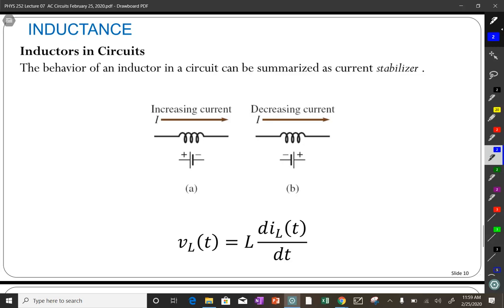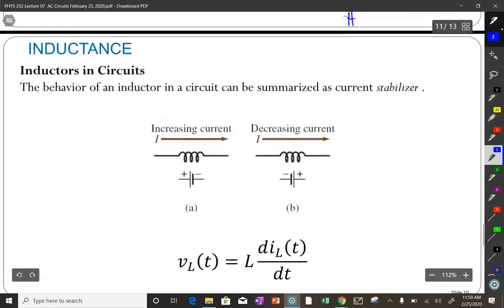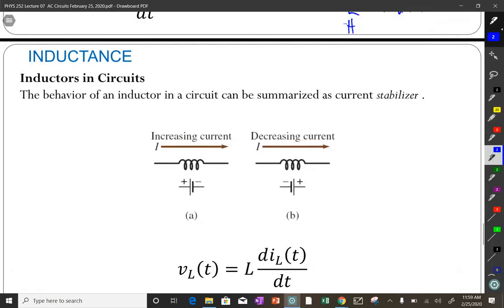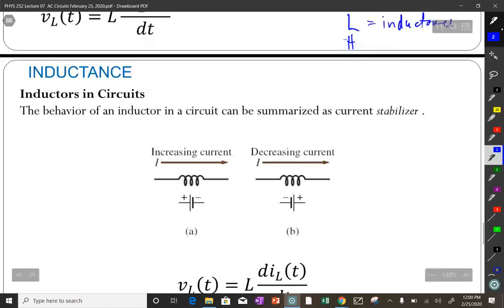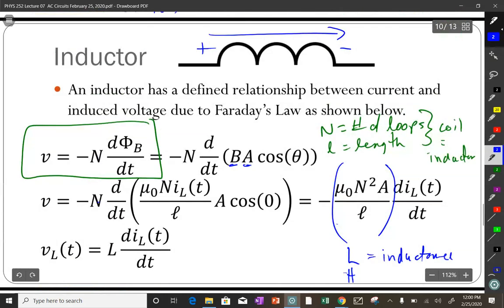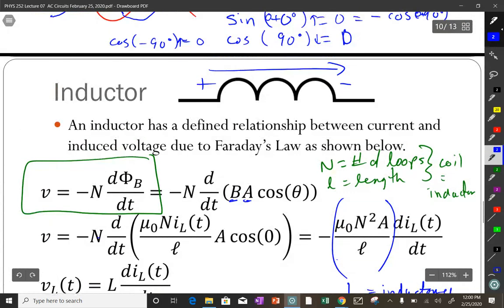So remember we had our definition of the positive side with respect to current. If the current is increasing, you have the positive side on one side. If the current is decreasing, the positive side is on the other, because the dI/dt changes sign. But the inductor has a positive and negative side like the resistor?